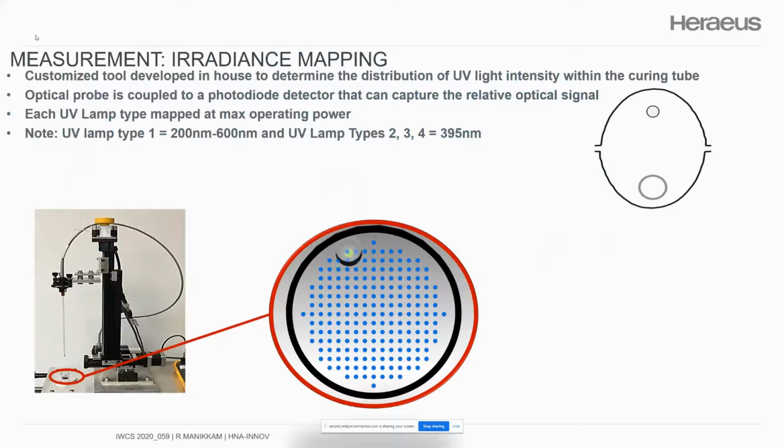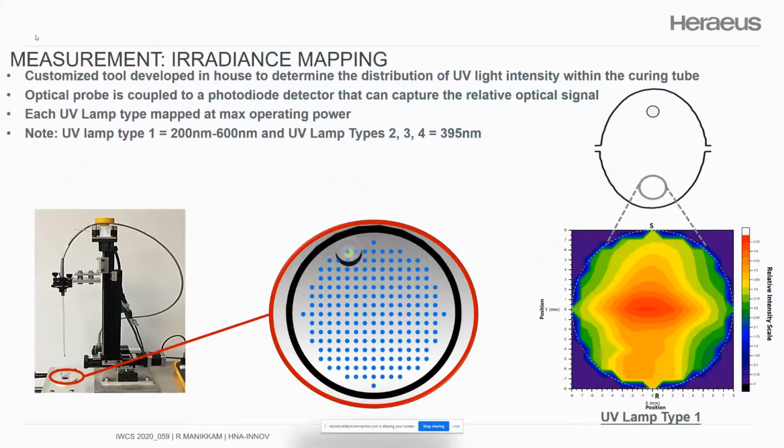If you recall, UV lamp type 1 is our microwave broadband system. And now when I say broadband, UV lamp type 1 emits wavelengths from 200 to 600 nanometers. And this is important as we go forward to look at the different maps, because UV lamp type 1, compared to the other LED lamps, has a broader range of emitting wavelengths.